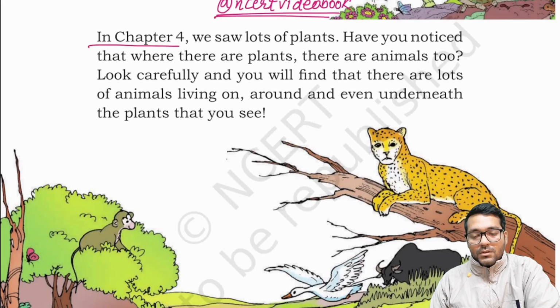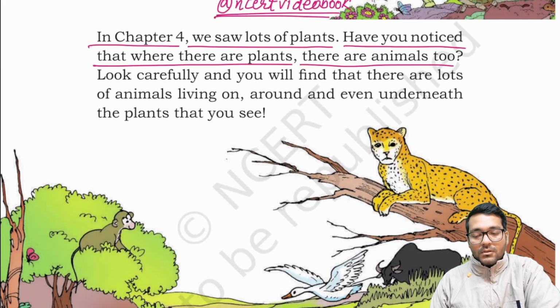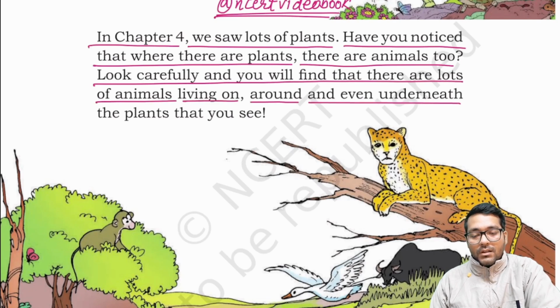In chapter 4, we saw lots of plants. Have you noticed that where there are plants, there are animals too? Look carefully and you will find that there are lots of animals living on, around, and even underneath the plants that you see.